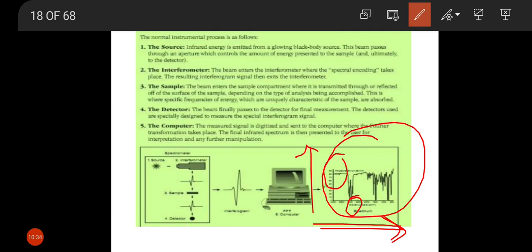So it is not necessary that molecules absorb only one specific type of wavelength. Suppose light of 500 wave falls on this sample, then this bond shows bending also.